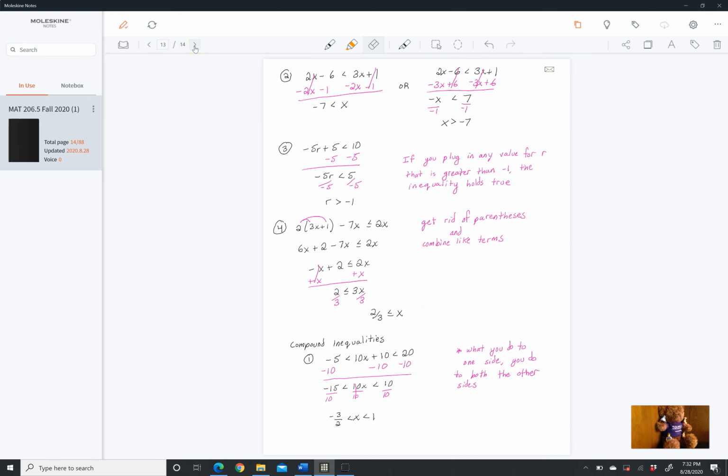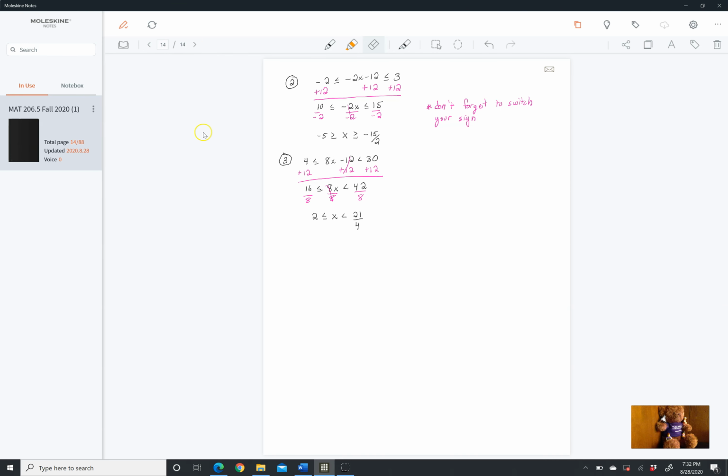Okay, so let's do graphing first because the graphing will kind of lead directly into the interval notation. So graphing inequalities. And again, a lot of you are going to be familiar with this because this is just on a number line. We're not doing graphing on a coordinate axis.